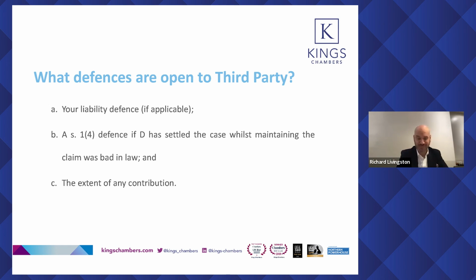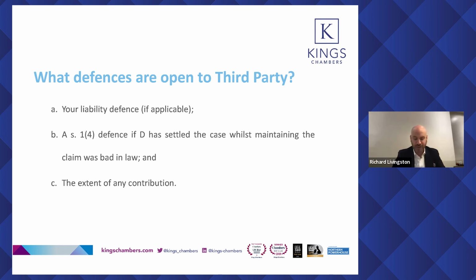The real issue for you is whether A is liable, and if so, what is the extent of their contribution? So in reality, as a Part 20 defendant or third party, the only defences that you're likely to have will be your liability defence, if that applies, a Section 1.4 defence, if the defendant has settled the case whilst maintaining that the claim was bad in law, and finally, the extent of any contribution.